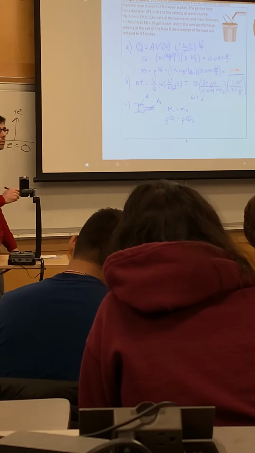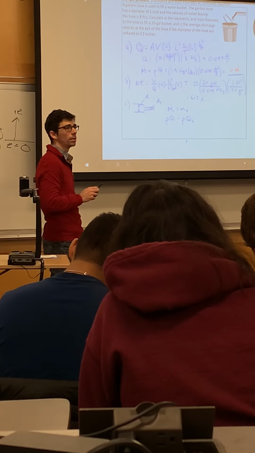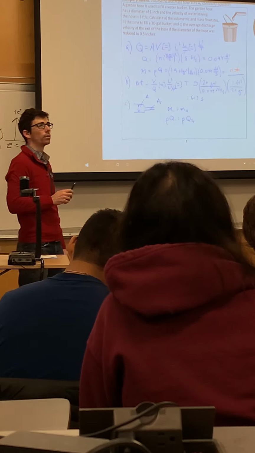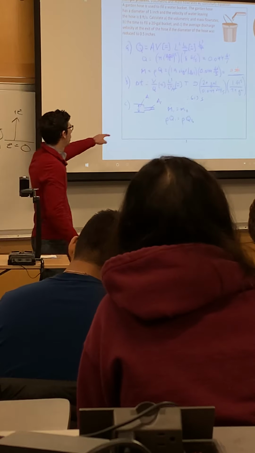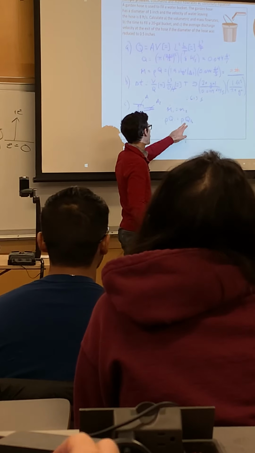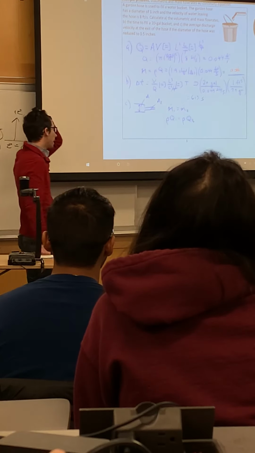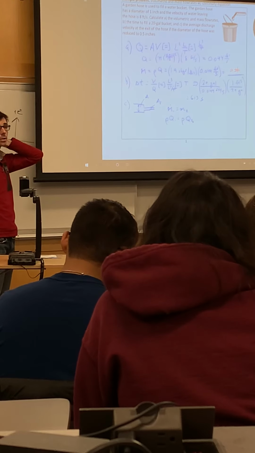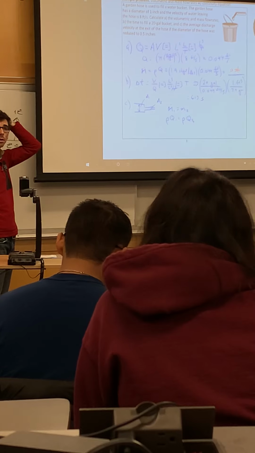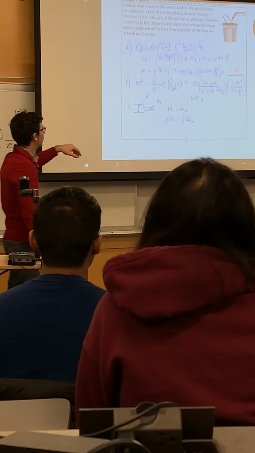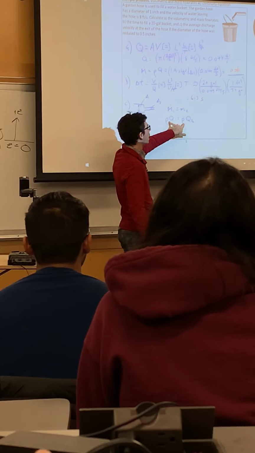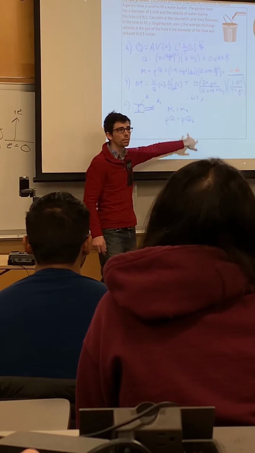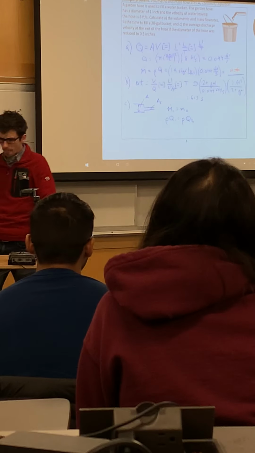What can we say about Q1 and Q2? They have to be equal, right? I'm jumping ahead and stating that the density is going to be constant. So that density has to cancel out, and Q1 has to equal Q2, okay?